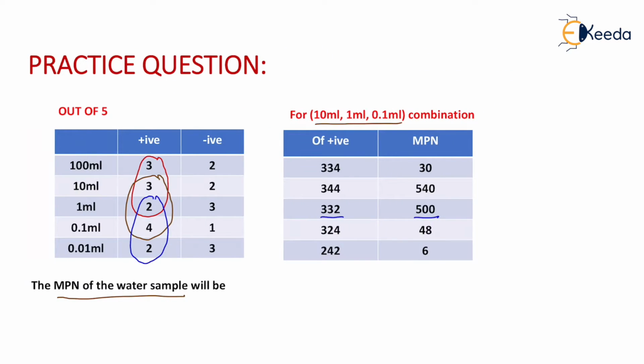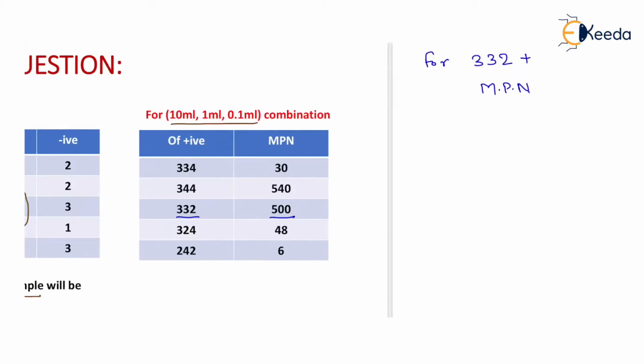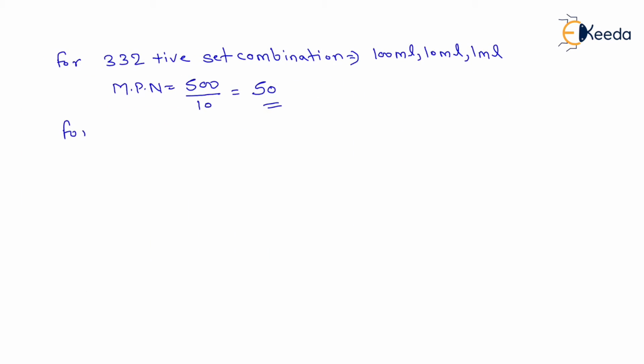Now we will take the next positive set, that is 324. For the 324 positive set combination, what will be the dilution ratio? Its dilution ratio is the same, that is 10 ml, 1 ml and 0.1 ml, which is the dilution ratio used by McCrady also.